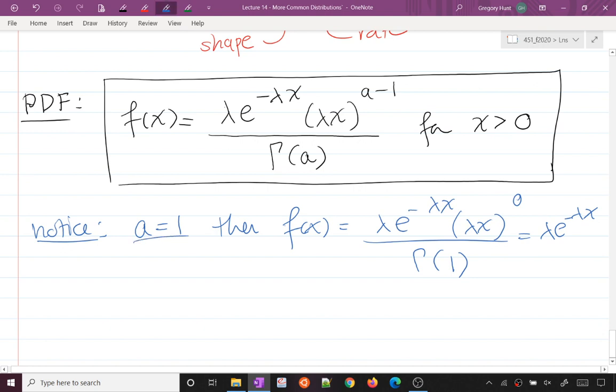So when a is equal to 1, this is just the exponential distribution. But when a is not equal to 1, we get something richer than the exponential distribution.